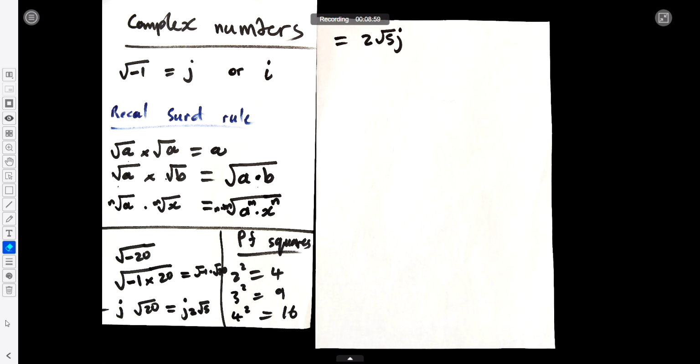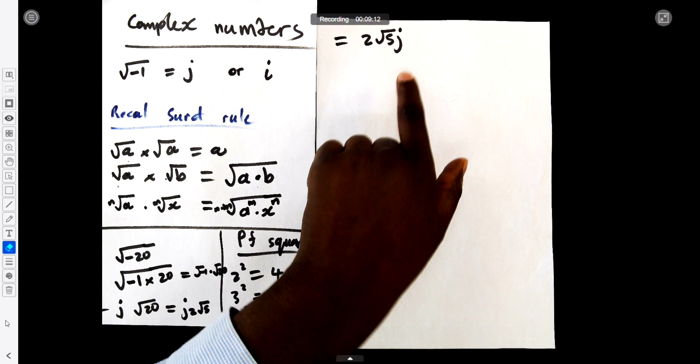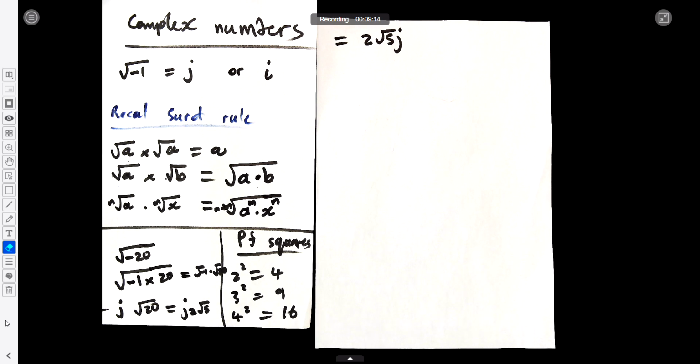When you say root 4 times root 5 times j, it still gives you the negative root 20 when you multiply. I hope it's clear. Sometimes it can be expressed in this way or in that way, with the real values being the coefficient of j.